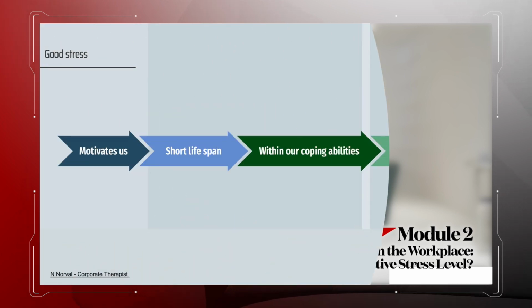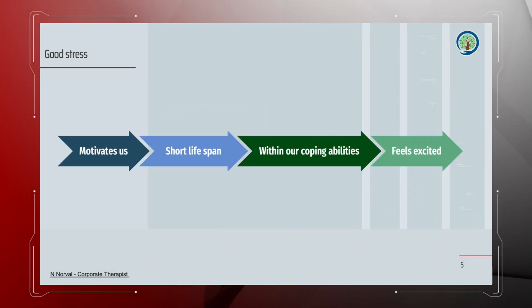So let's look at good stress. It's good to know the difference between good stress and not so good stress. Good stress is when you feel motivated. You can sometimes have a real short-term motivation level or long-term. You have coping abilities. You'll feel that you can perform the task.